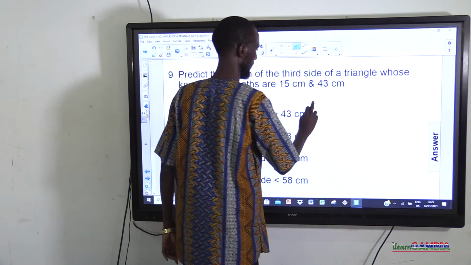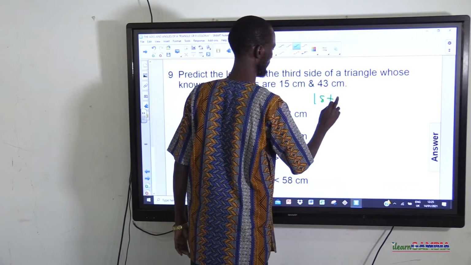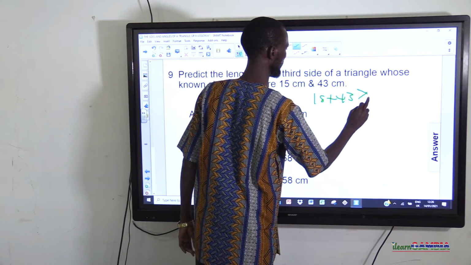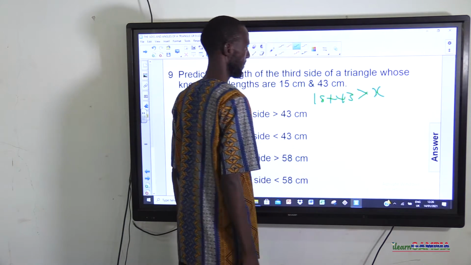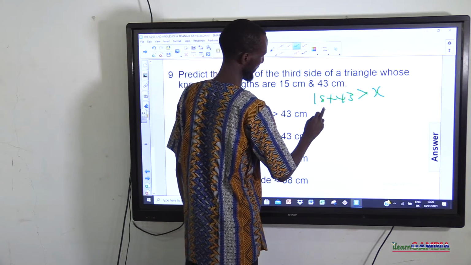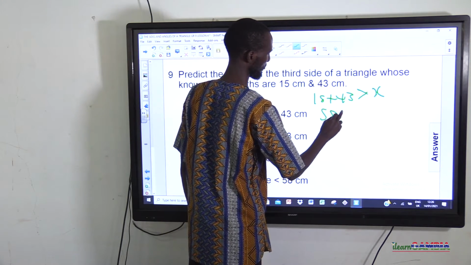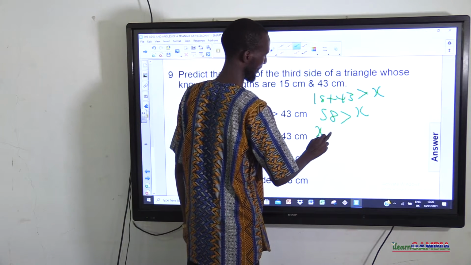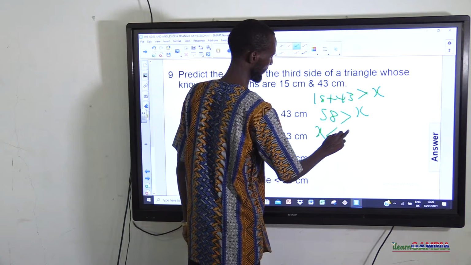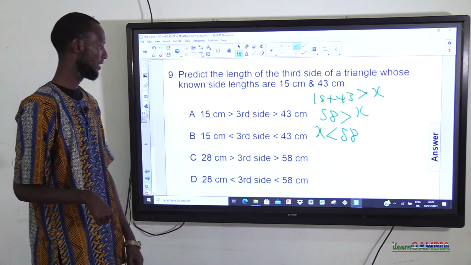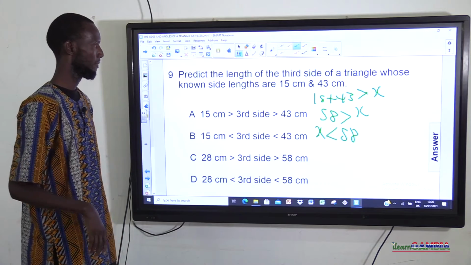So 15 plus 43 has to be greater than our third side. Adding this up, you get 58 has to be greater than x, which means the third side has to be less than 58. That's one condition.